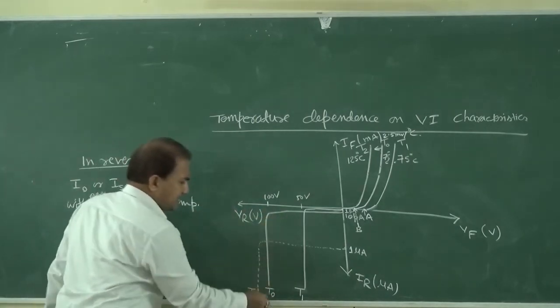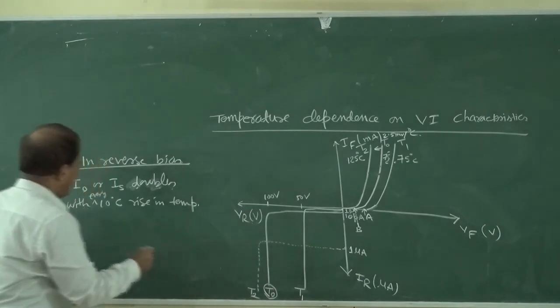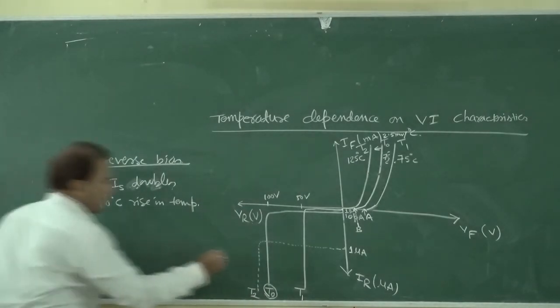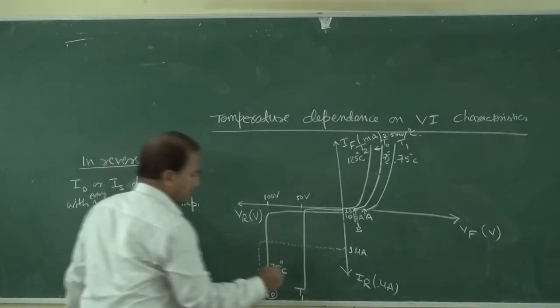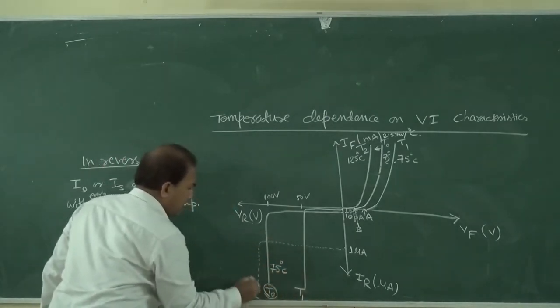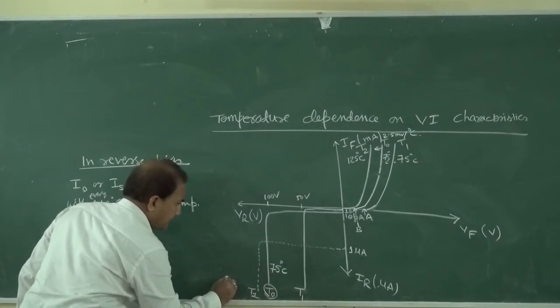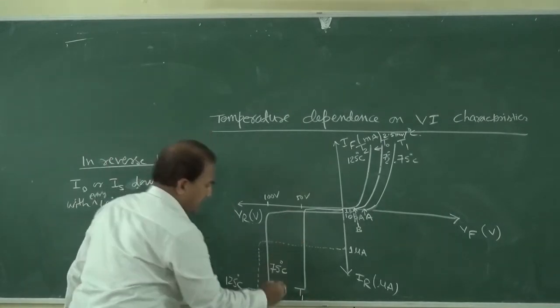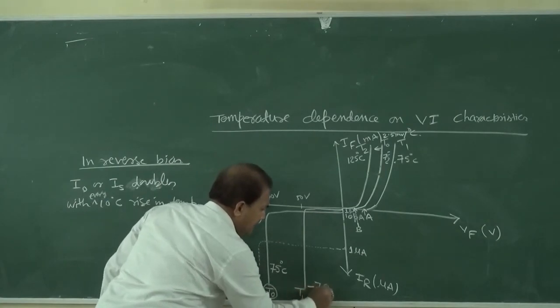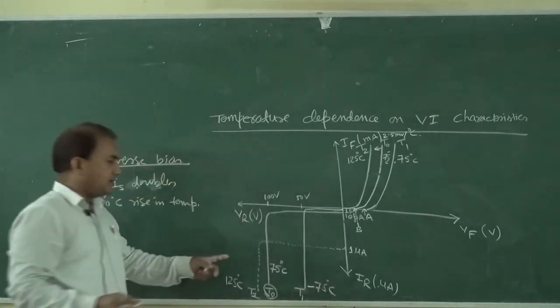So we can say that, say this is at T naught. Suppose T naught it is at 75 degrees centigrade. T2 is at 125 degrees centigrade, and T1 is at say minus 75 degrees centigrade.